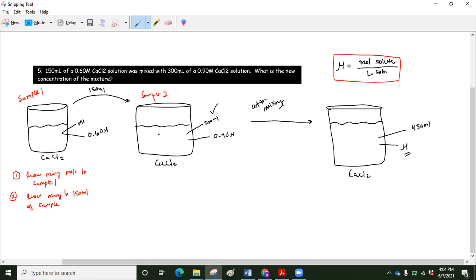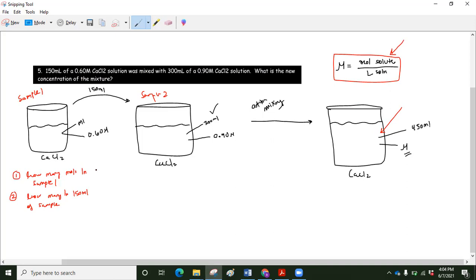So the amount of moles that are in sample two added to the amount of moles that are in 150 milliliters of this solution is eventually going to be the amount of moles that are in the mixture combined, and that we can then put as a quantity in the molarity formula, and of course get the molarity of the entire solution as a whole.